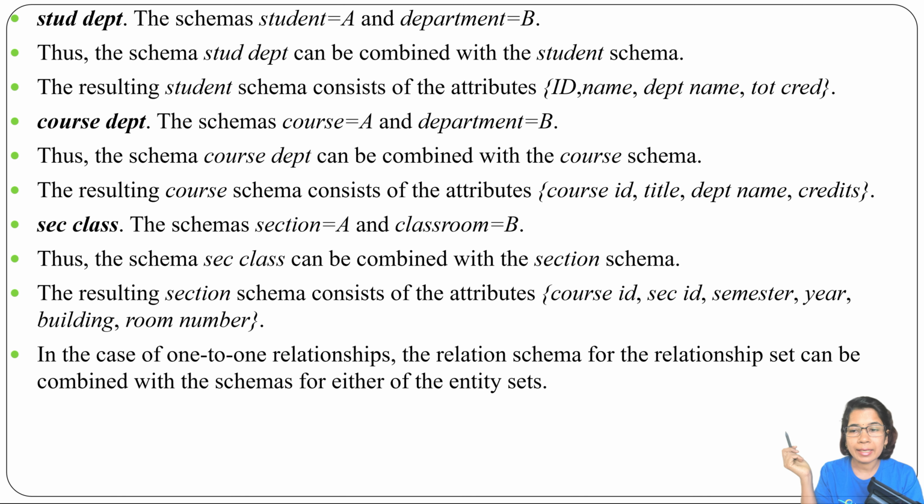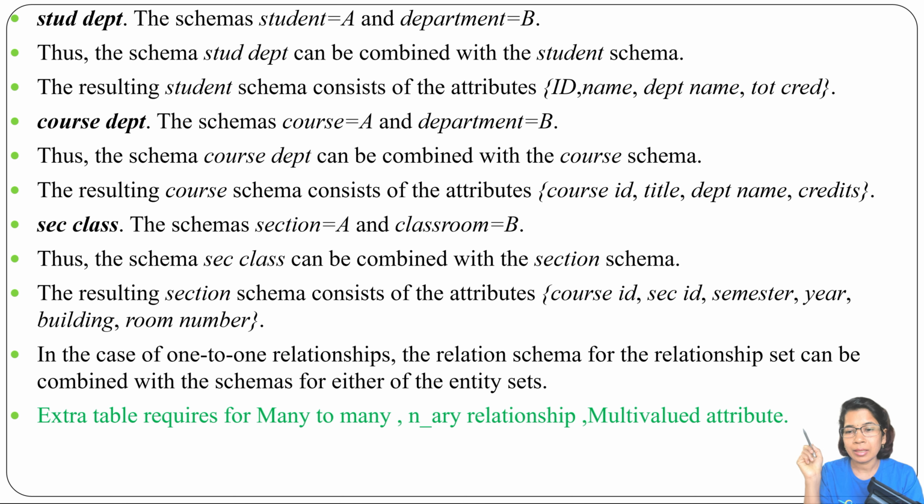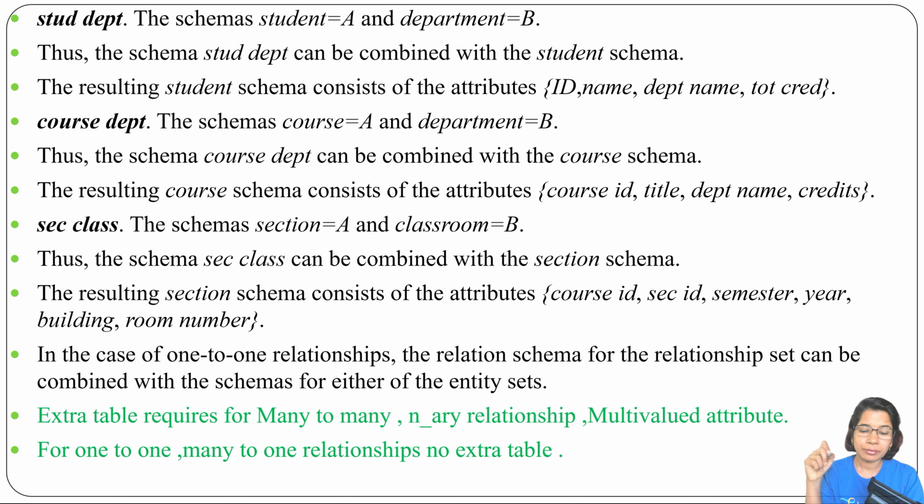Now for which relationship do we need an extra table? For many to many we need an extra table. In case of a many to many relationship, we will create an extra table for that relationship and the attributes will be both primary keys, right? For many to many, for n-ary relationship and for multi-valued attribute, we need to create an extra table. Then for one to one, many to one, no extra table is required, we can merge. For one to one, we can merge with any side.